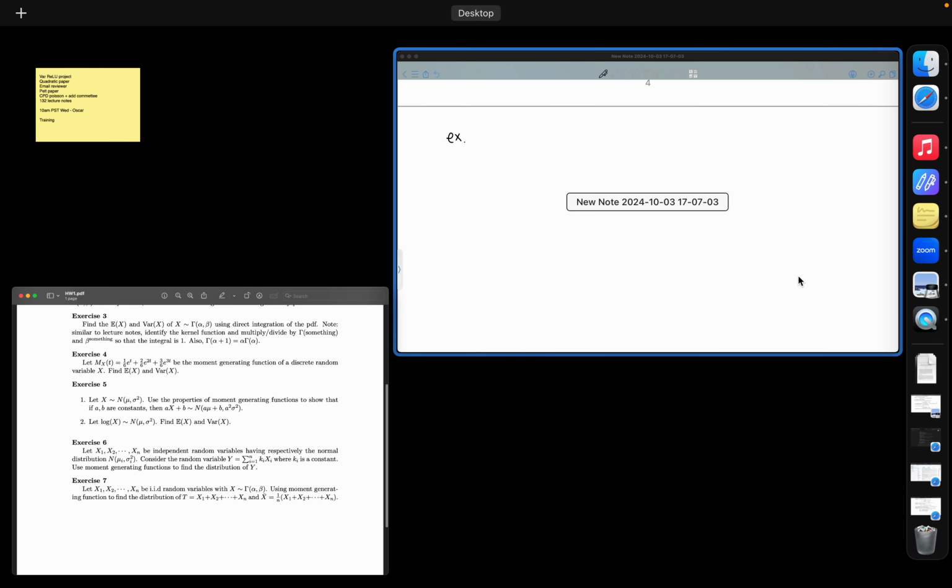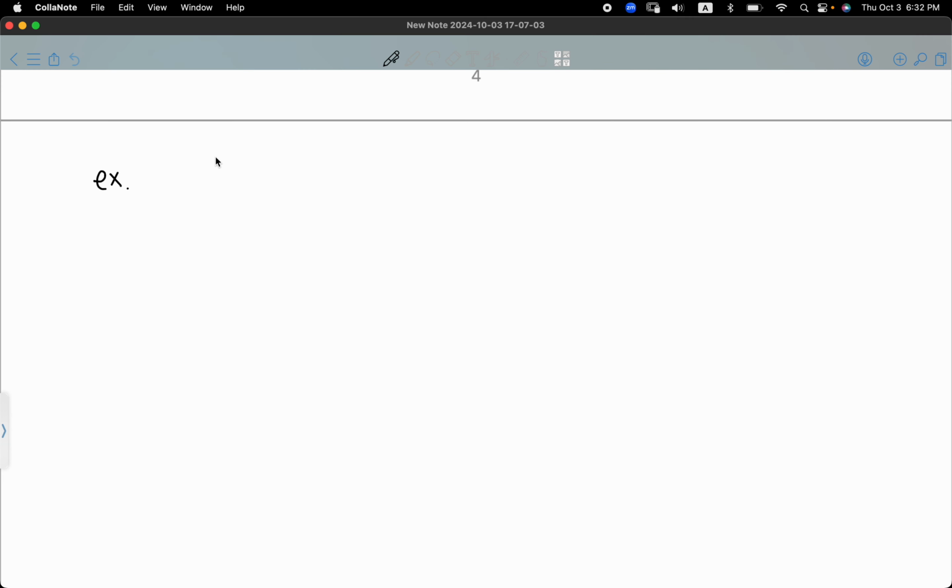So I'm going to use a different distribution, the exponential distribution. For x, I think it's greater than 0, lambda greater than 0.